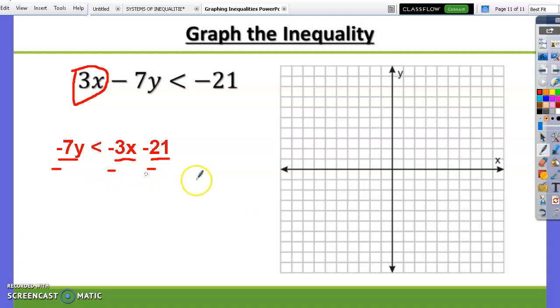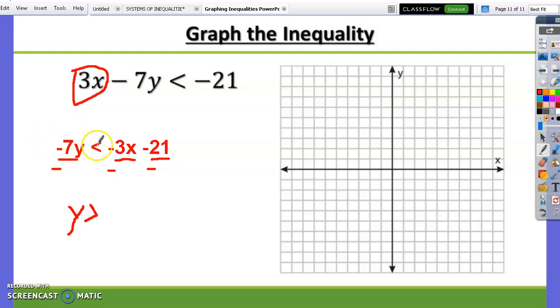So what I mean by that is, instead of it being less than, when you're graphing this, it should be a y. Y is greater than. Okay, so you have to flip your inequality anytime the y is negative here.